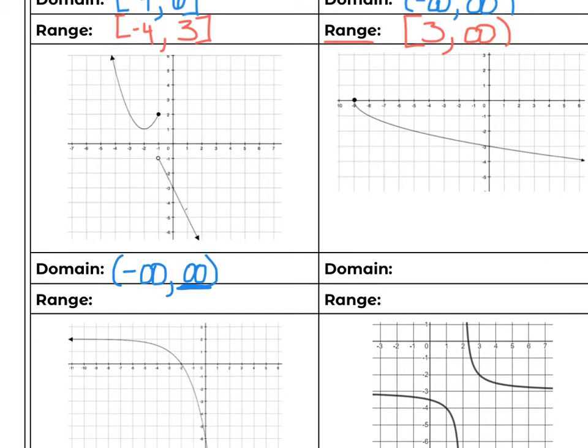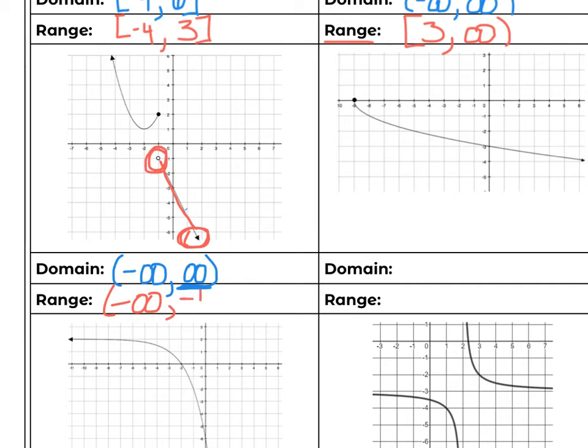Let's talk about the range on this puppy. So as I come up from the bottom, the first thing I hit is an arrow, and that arrow is going down forever. So it's going down to -infinity with a parentheses. And then I keep going up on that piece of my graph, and I totally stop at -1.